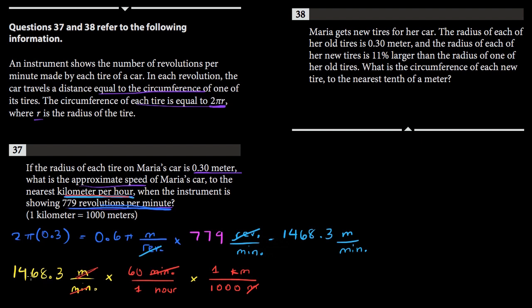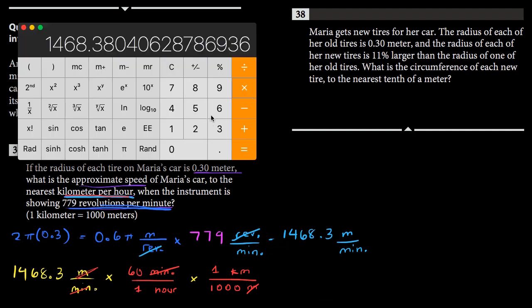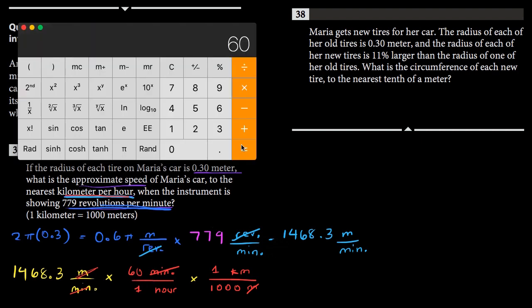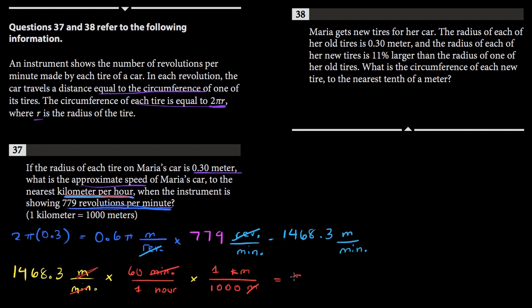It's just that now I have to multiply 1468.3 by 60 and then divide it by 1000. Okay, so times 60 right here, 1468.3 times 60 divided by 1000, and that's approximately 88, right?